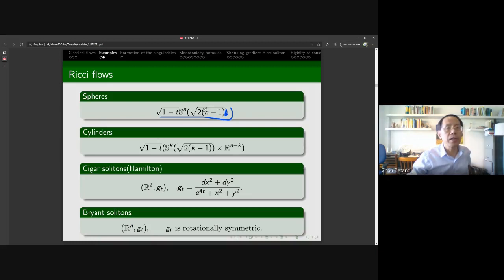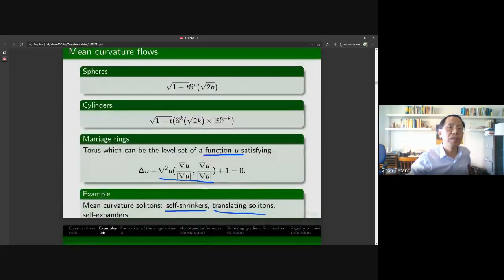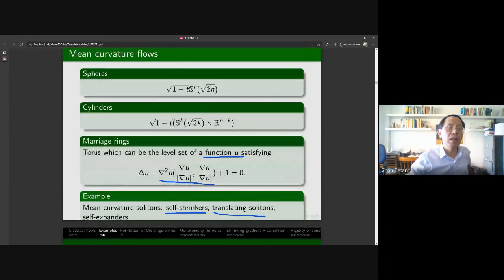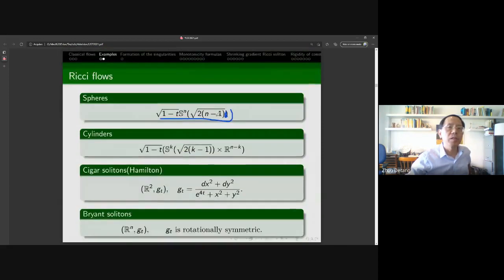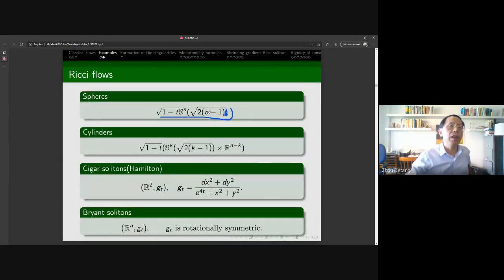You just compare here, the radius is different from the mean curvature flow ones. For mean curvature flow, you have the dimension here, so that means n cannot be 1. So S1 is not a special solution.